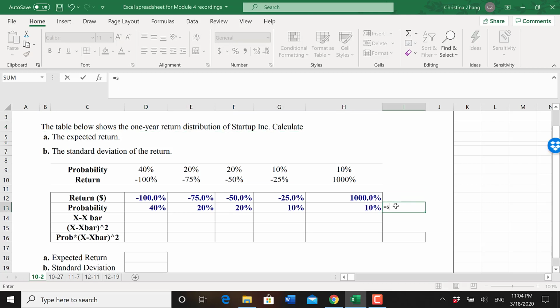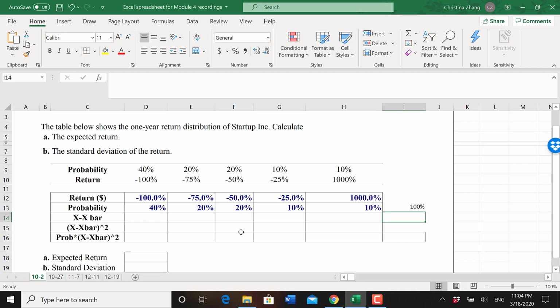You can check it out. The reason the sum of the probability has to equal 100% is because one of these scenarios has to happen. If your probability doesn't sum up to 100%, then you don't have a complete return distribution. Something is missing, and you have to figure out what's missing.